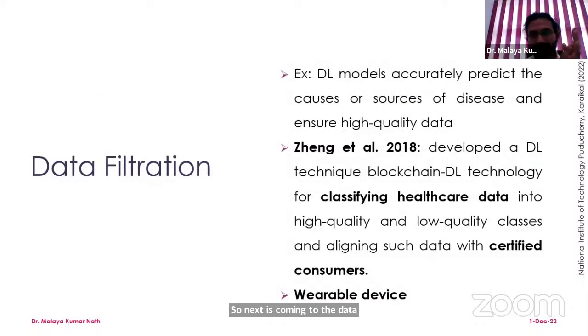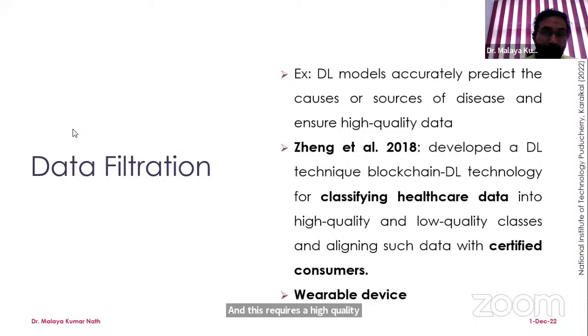As we have discussed, deep learning models accurately predict the causes as well as the sources of the disease, and ensure high quality of data. These deep learning models are very data hungry, and this requires a high quality of data.